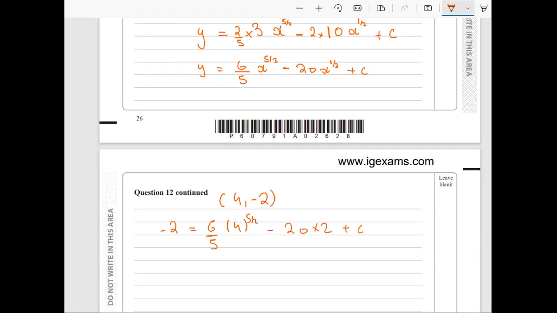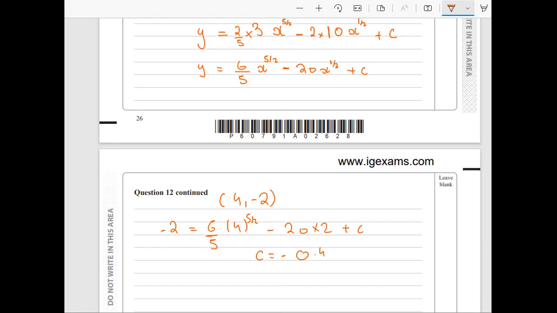Okay. So this will basically give me c as minus 0.4. You can just do everything.